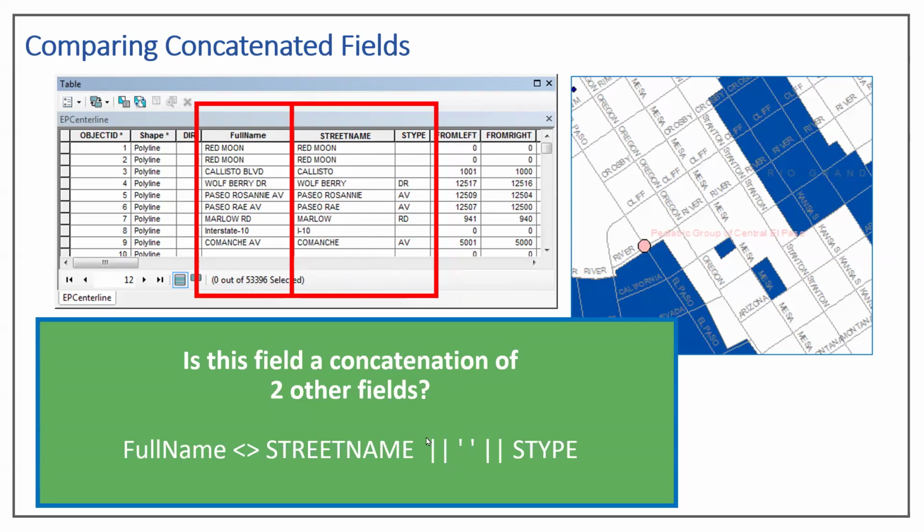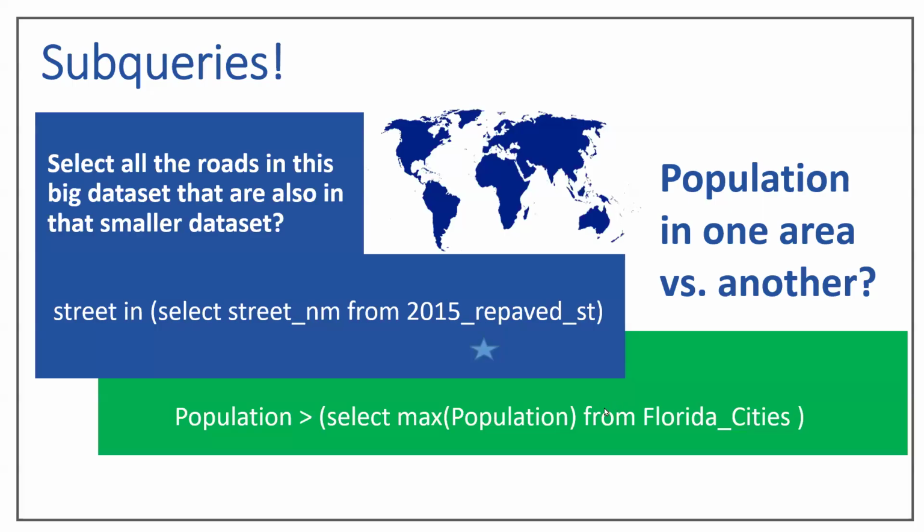I use the string concatenation operator in SQL, which are these two vertical pipes. So I'm saying select all of the records where the full name is not equal to the street name plus a space plus the street type. Not all the time you need it, but occasionally that's really handy. I used it a lot when I was cleaning up some 911 data. Anyway, just to give you an idea, some of the things you can do in SQL. This is just an overview.